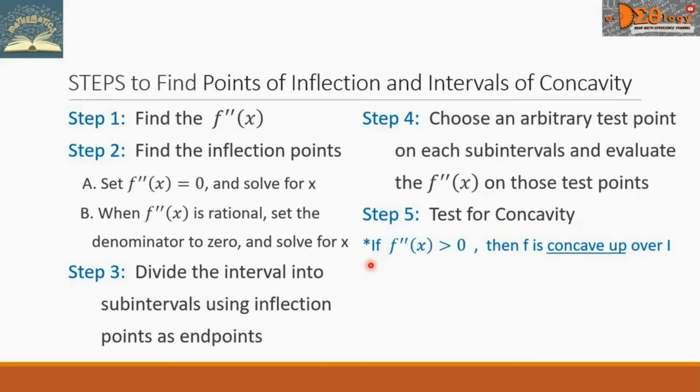If the second derivative of the function is greater than 0, or we say positive, then the function is concave up over that subinterval. If the second derivative of the function is negative, or we say less than 0, then the function is concave down over that subinterval.